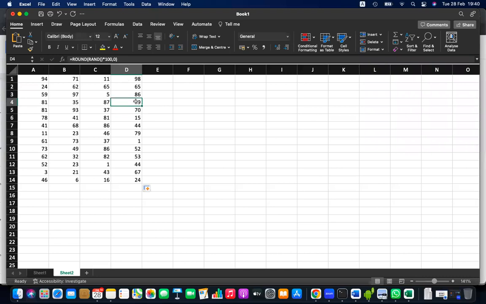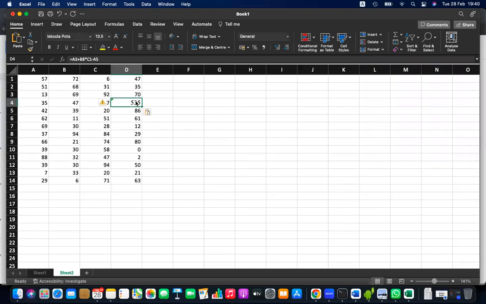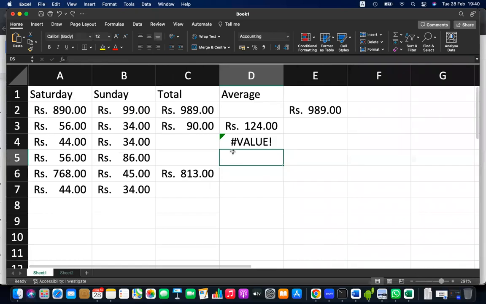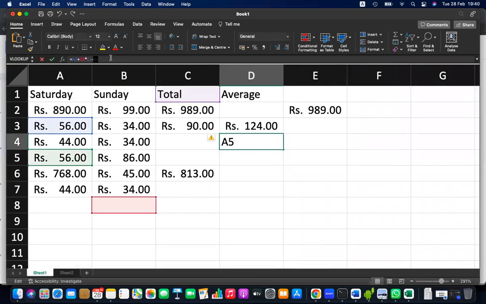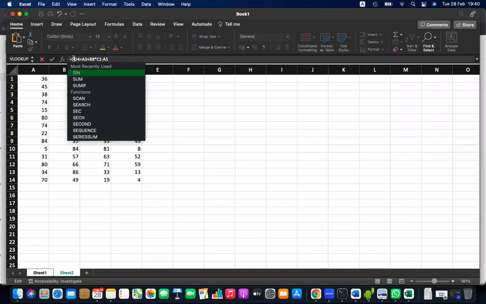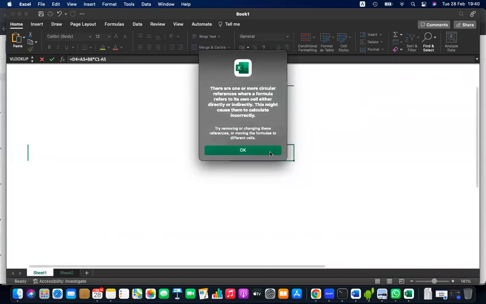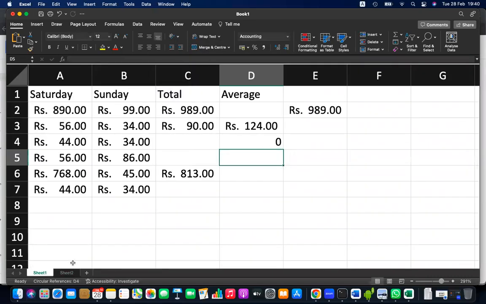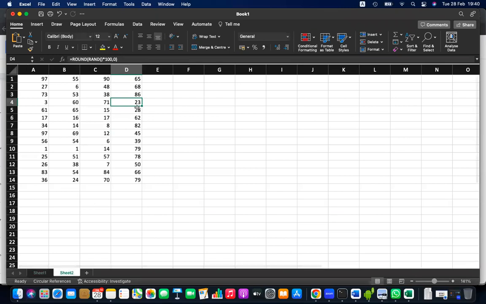I am pasting this into D4. So what is the value I'm going to paste here? This one. In D4. Okay. Oh, what is that? My mistake, is it?